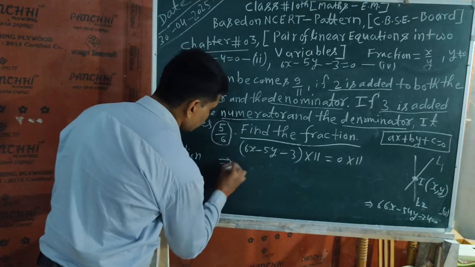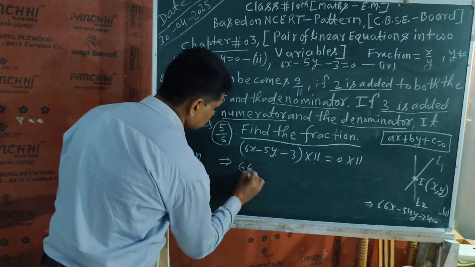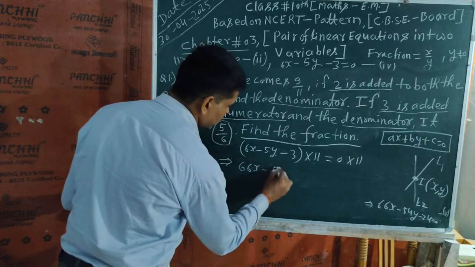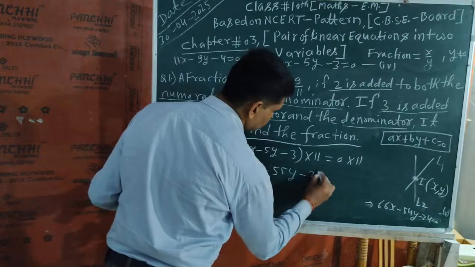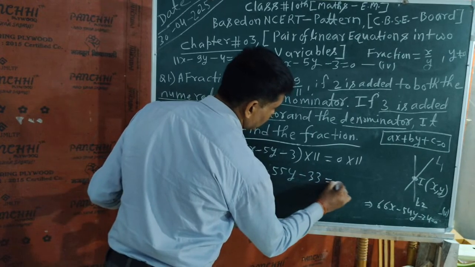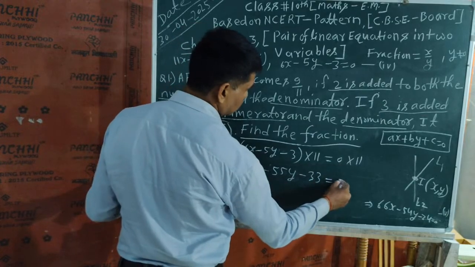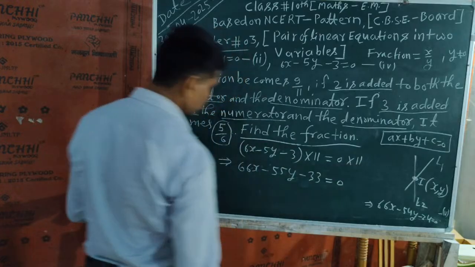So here 11 into 6 will be 66x, and here 11 into 5 will be 55y, and here 11 into 3 will be 33. But on the right hand side I will put 0, because 11 multiplied with 0 becomes 0.